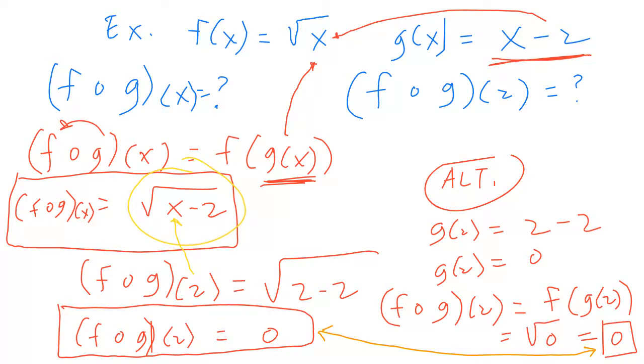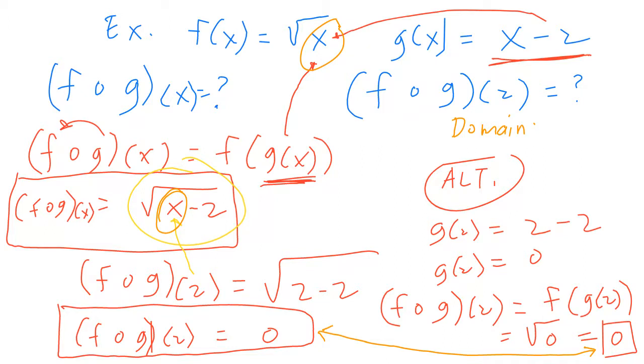And the domain would be, okay, the smallest value you can have is 0 for your x here, and the smallest you can have for the composition of the two functions would actually be 2. So if you have 1, that would be undefined.